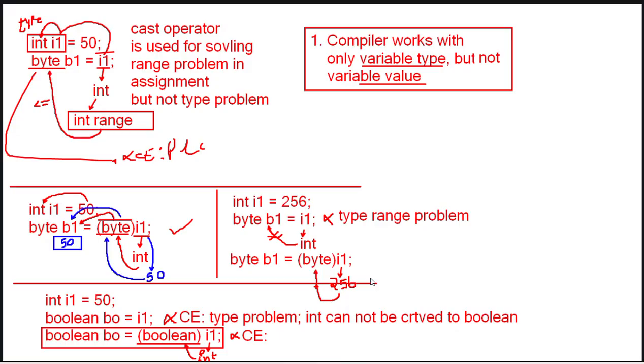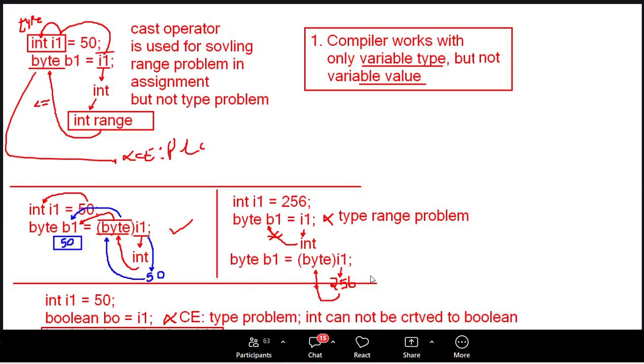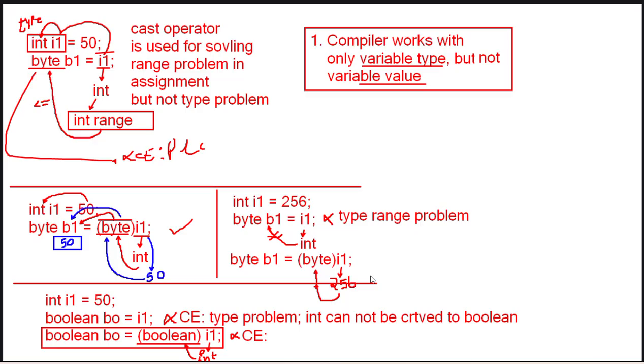Cast operator is meant for convincing the compiler that the value coming from the variable is in the range of byte. If the value is not in the range of byte, I already gave permission, reduce that value. Don't throw error. Sir, if we reduce the value, no problem? No problem.